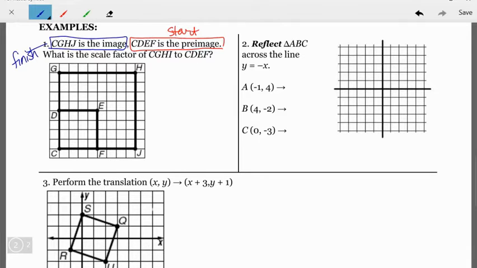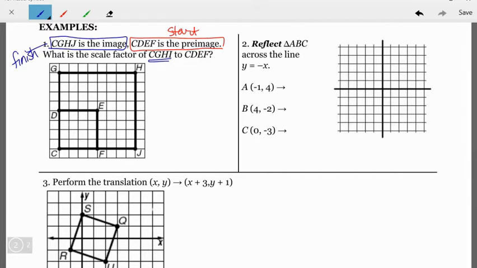Okay, the question says, what is the scale factor of CGHJ to CDEF? So if we go back and think about similar figures, when we're looking at scale factor, we really just need to relate one side to the matching side in the other figure. So let's start out with CGHJ, big square.